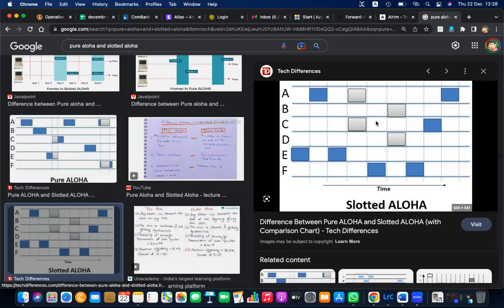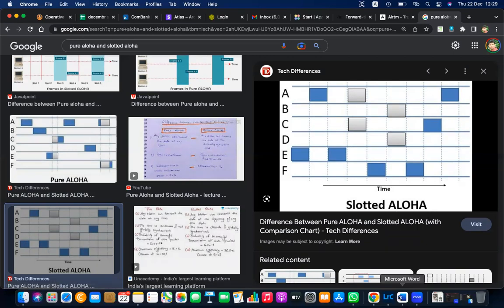In the next slot, B and F communicated, no collision. In the next slot, B and D both communicated, so there's a collision. Only full collisions or no collisions. That is slotted Aloha. That is also a multiple access mechanism, but it is not sensing the line, just sending the data like three-wheelers.